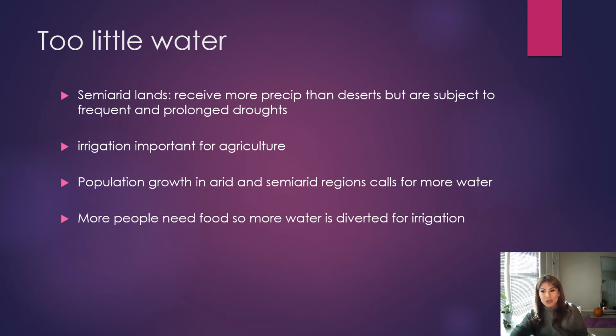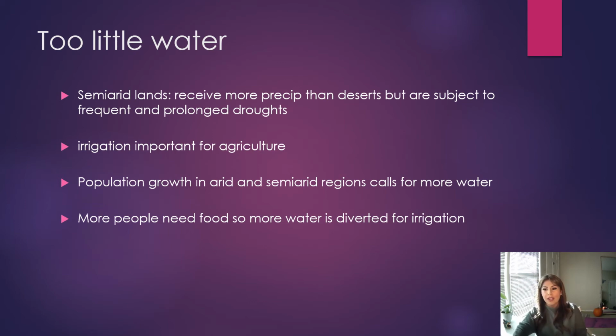So when you do irrigate land in arid places, it does have an effect on the land itself. So it can cause desertification, it can cause the topsoil to become very poor quality. It can cause a lot of stressors on the surrounding groundwater.